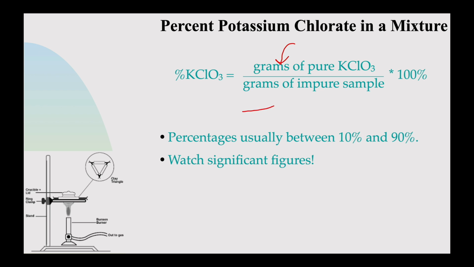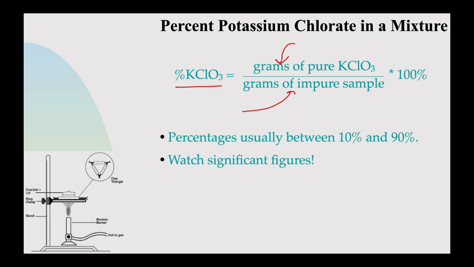And if you measured the grams of the sample that you started with, which you should have as a good chemist, that's going to go on the bottom. So grams of the good stuff divided by grams of everything, or grams that you calculate of KClO3 divided by grams of the sample you started with times 100%, that is the percent KClO3.